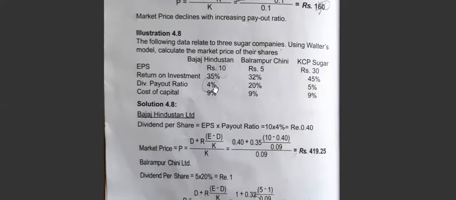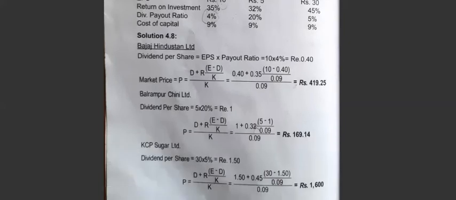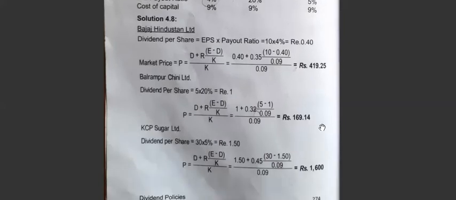R is given and K is given. R is 35% and K is 9%. If you calculate, you will get the answer 419.25. Like that, for Balrampur Chini, the dividend payout is 20% on EPS. So 5 into 20%, you will get 1 rupee, and using the formula you will get the answer as 169.5.